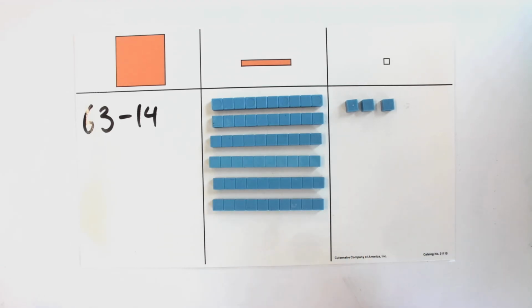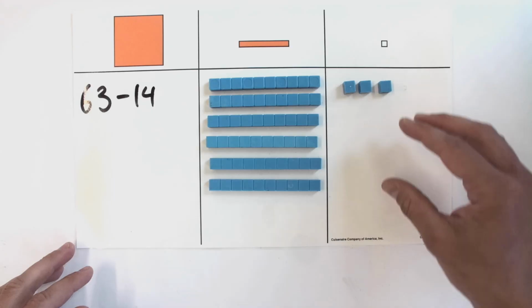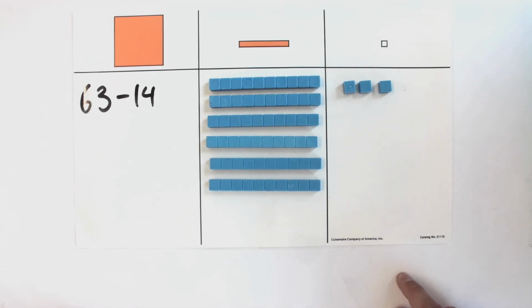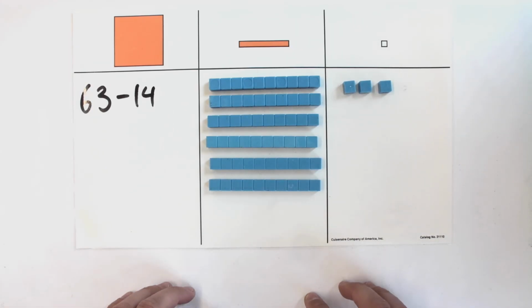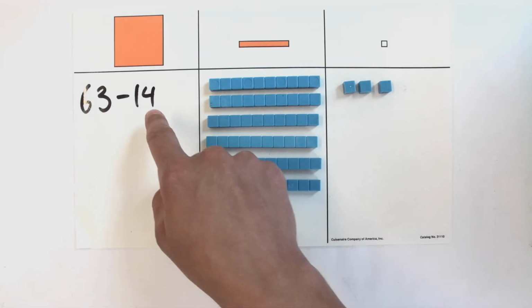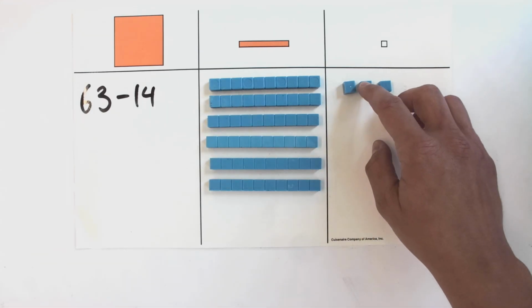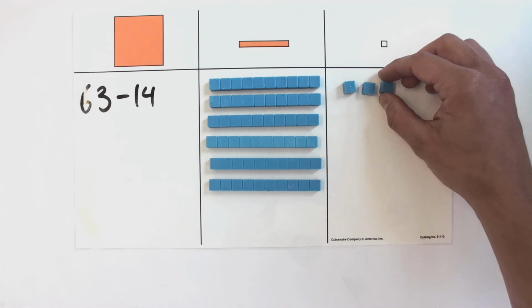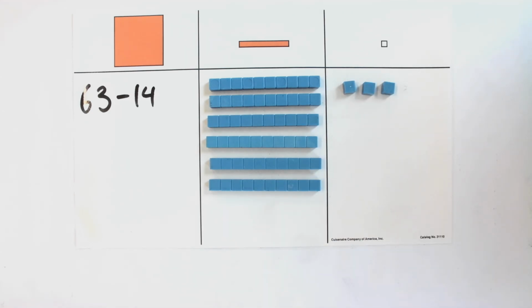So we're going to start with our ones column. Again, for subtraction, I'm just going to move these just off, but just slightly below our place value mat. So we're going to take the base 10 blocks and put them down here. So we can still see and track and make sure we've actually removed 14. So here, if I'm subtracting 14, that means I need to take away 4 1s. But I only have 3 1s.